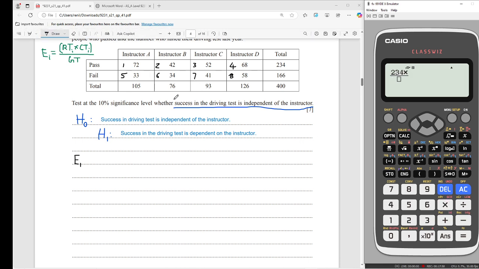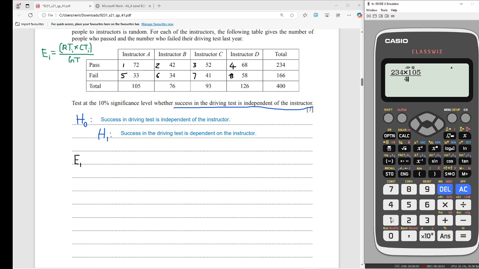The column total is 105 and the grand total is 400. So our expected value becomes 61.425. Right, that is our first expected value.